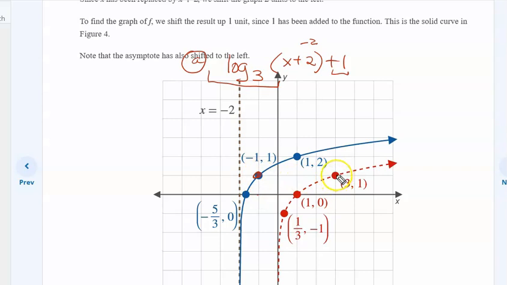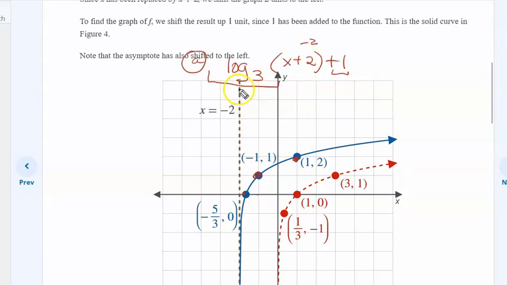Now, this point, move it over 2 to the left, up 1. Okay. Over 2 to the left, up 1. And that's all you need to do in this transformation, know which directions and what's going on here.